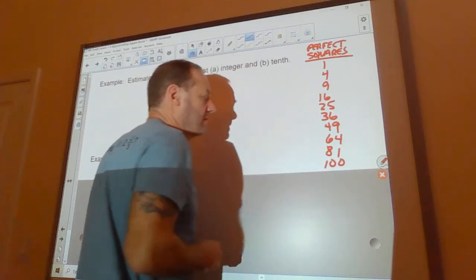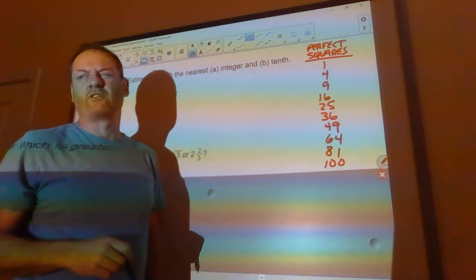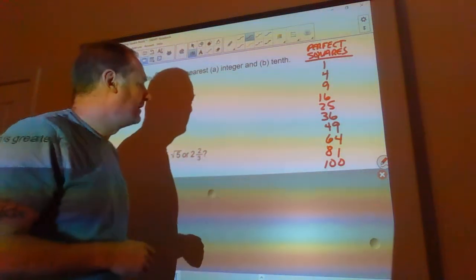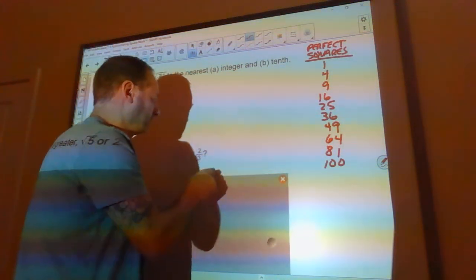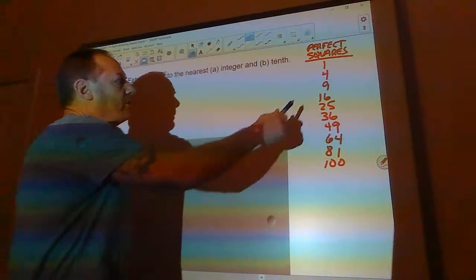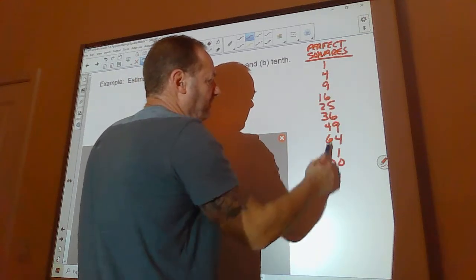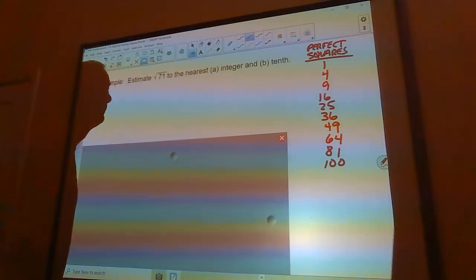There's the first 10. You should know those first 10. What's a perfect square? Well, this is 1 squared, 2 squared, 3 squared, 4 squared, 5 squared. If you take the square root of any one of these, you get a whole number.